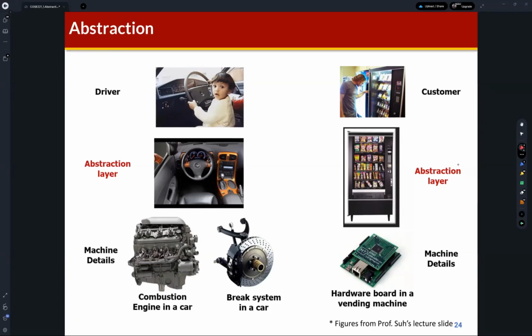There are also some mechanical systems inside the vending machine. But in order to use a vending machine, we don't need to know the detailed mechanism of it. So I explained the concept of abstraction using the analogy of a car and a vending machine.